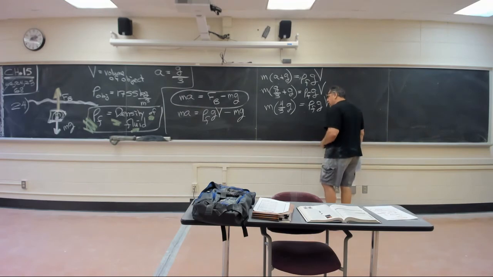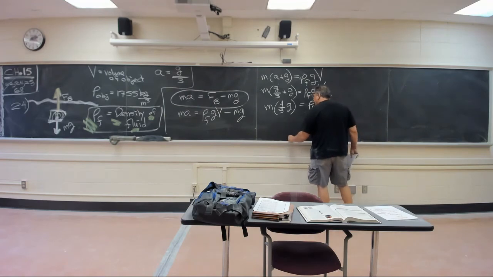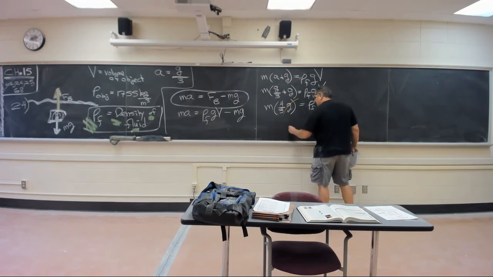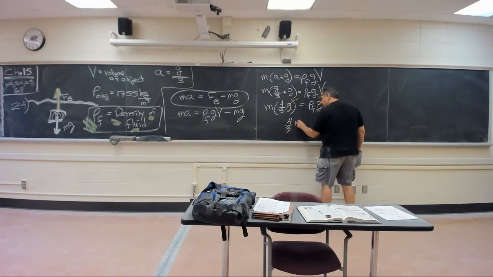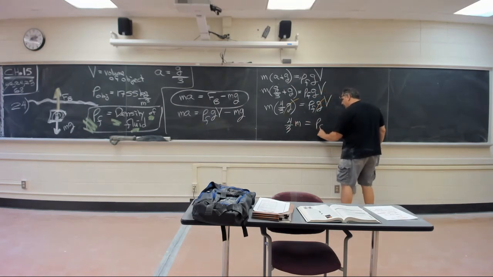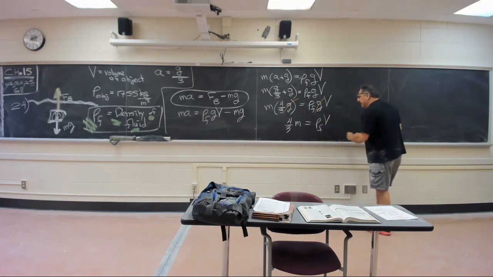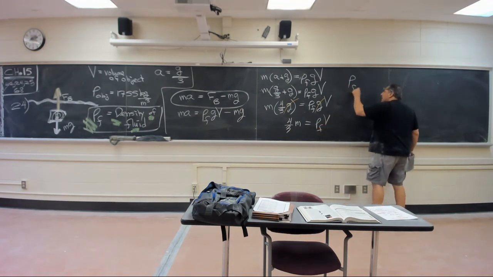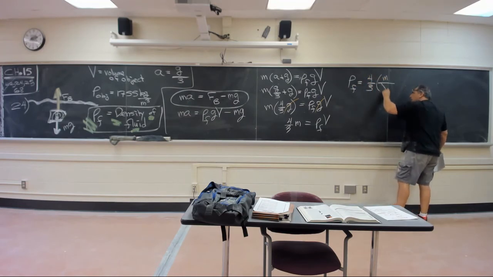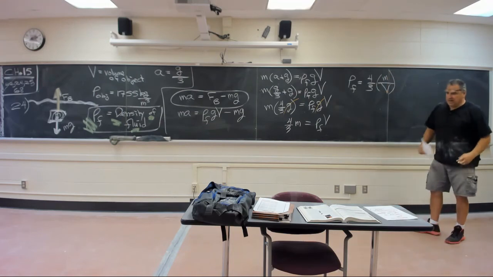If two things are equal, you guys, as you can see, you can divide by G on each side, and you got 4/3 m equals rho f times V. Divide by V on each side. Wait a minute now.